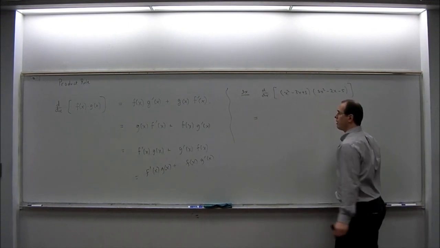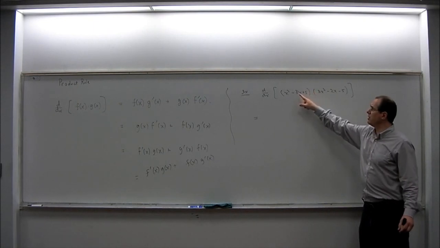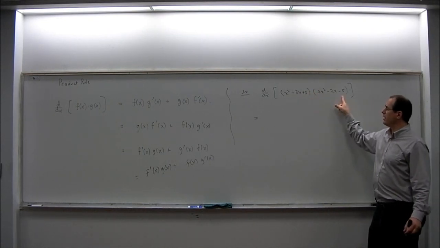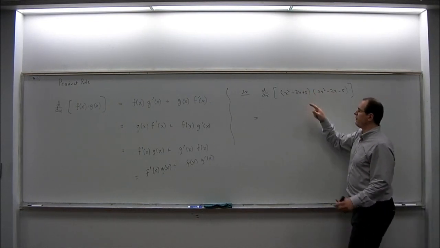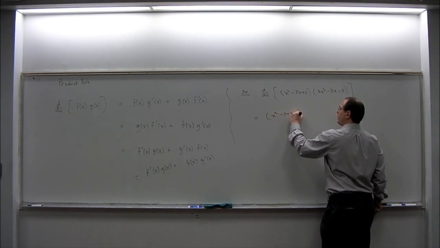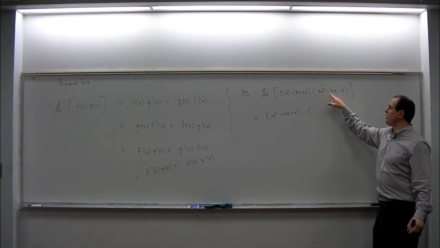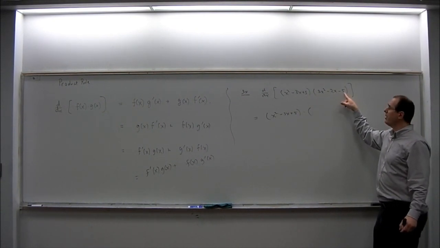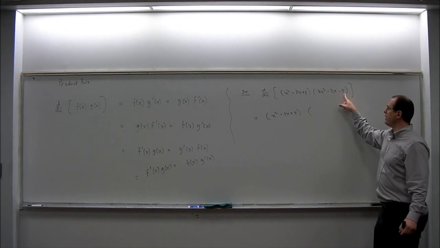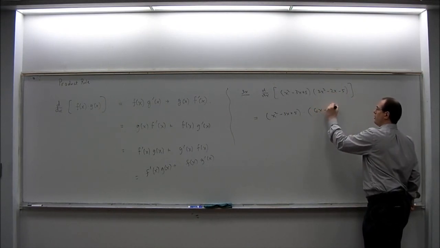So according to our product rule, this function is a product of two functions, the first and the second. So the derivative is the first times the derivative of the second. So what's the derivative of 3x squared minus 2x minus 5? We go term by term using the power rule. We get 6x minus 2.